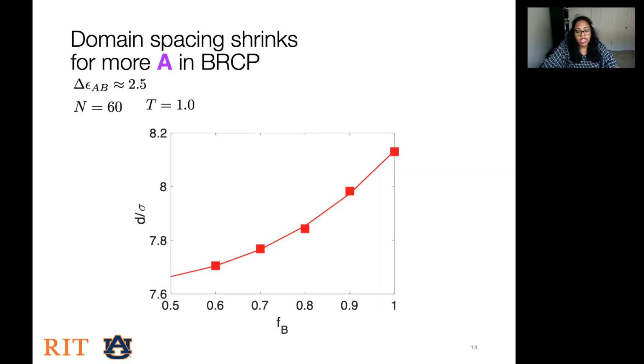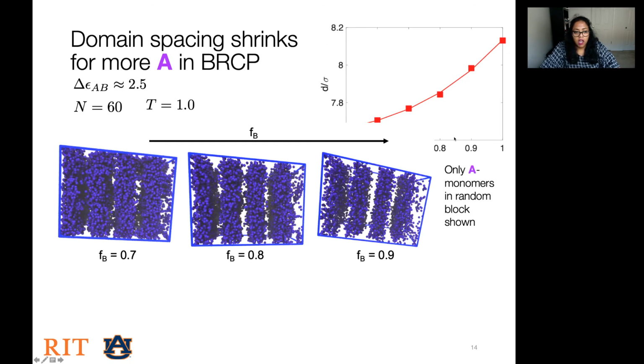So we can also look at the domain spacing. And so if I add more A, or if I have lower FB, you can see that the domain size shrinks. And again, we can examine how the monomers are distributed. So, one hypothesis could be that if the monomers are not uniformly distributed, or there's some clustering within these domains, you would get deviations from regular mixing theory.